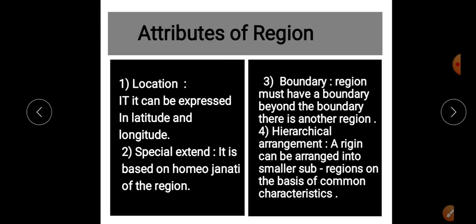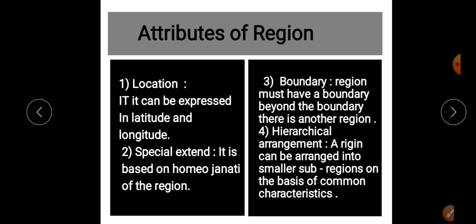So we can say the spatial extent is based on the homogeneity of that region. Same thing about the climatic condition. The ice cap region, the cold climatic region, is separate from other climatic regions.